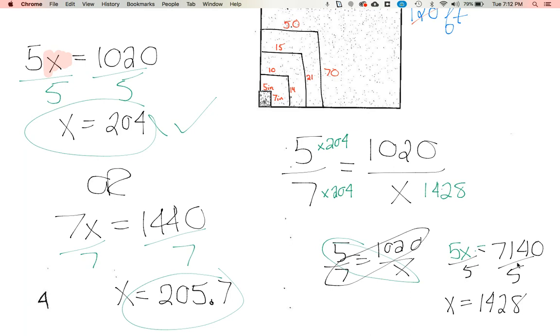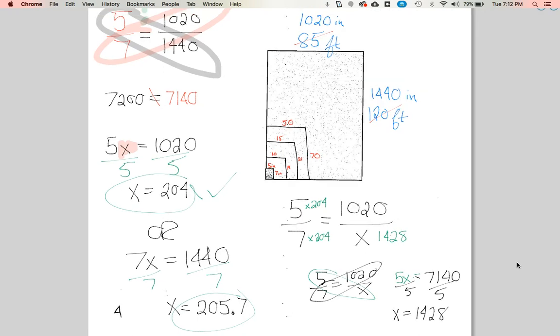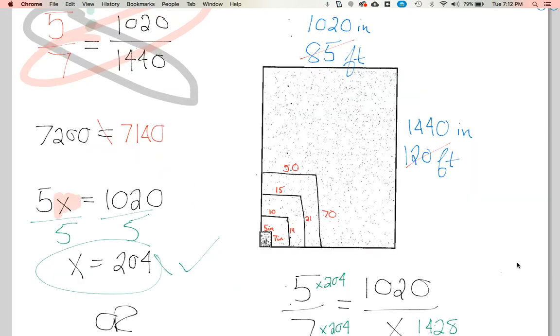Regardless, that is how much space will be left over. So that means our image is going to go from 5 by 7. The 5 is going to max out at the 1020, but we're not going to quite make it up to 1440.